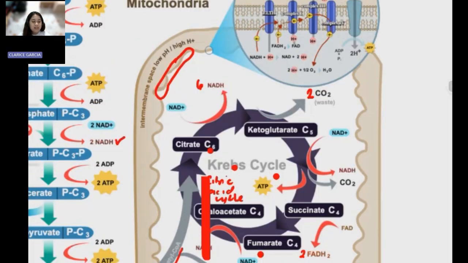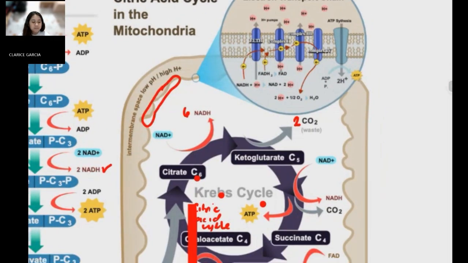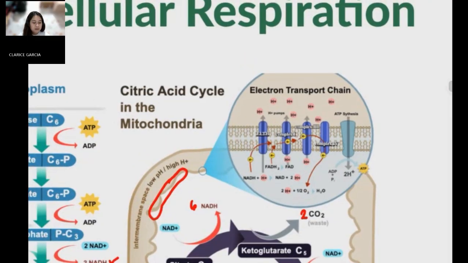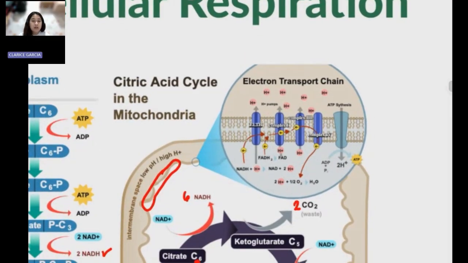As it enters, NADH and FADH2 will release their high energy electrons. These will move down the chain and power the proton pumps, which move proton ions to the intermembrane space. This creates a proton gradient.